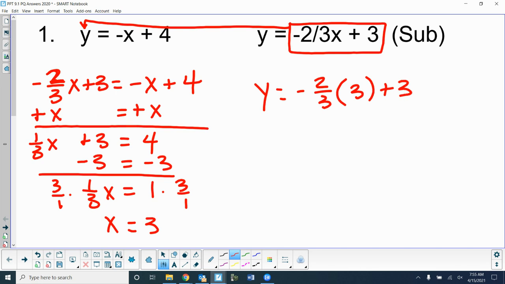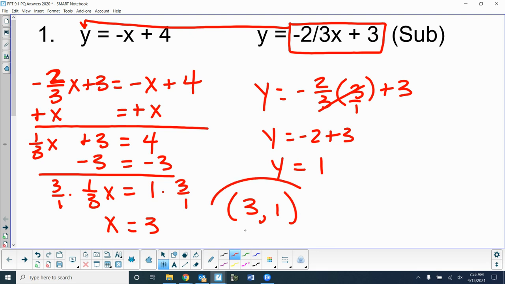What happens to these 3's when you have a negative 2/3 times a 3? They cancel out, yeah. It's like 3/1, but those just cancel, so it's negative 2 plus 3, which is 1. So our answer would be 3 for x and 1 for y.